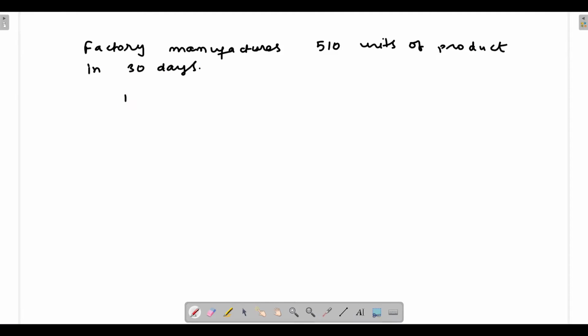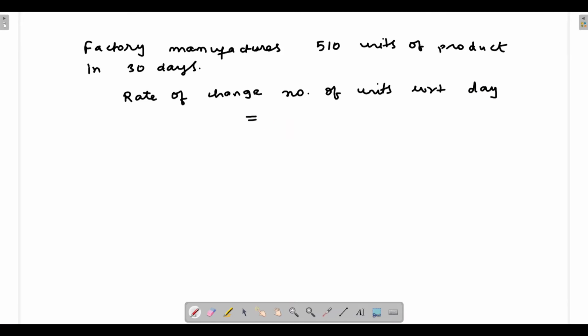So what is the rate of change of production, or the rate of change of number of units with respect to day?